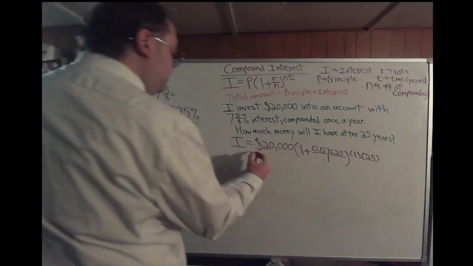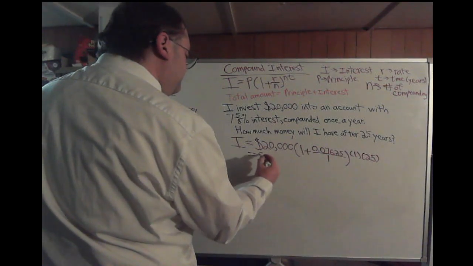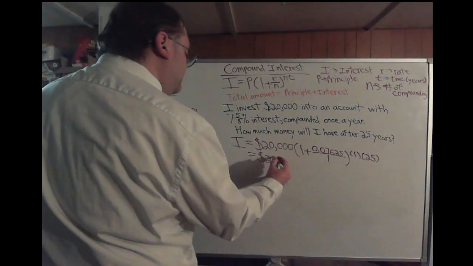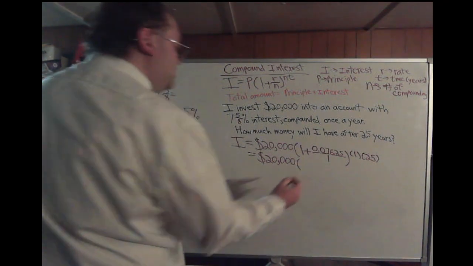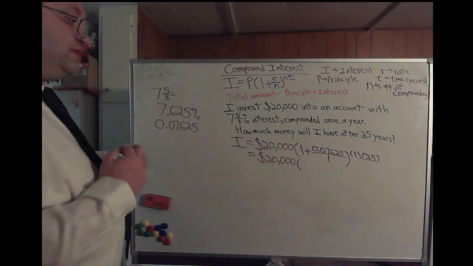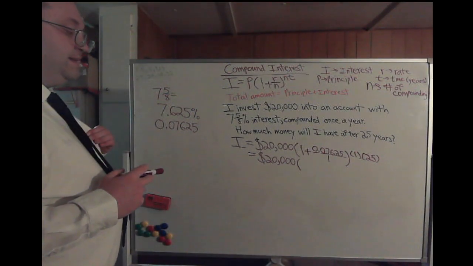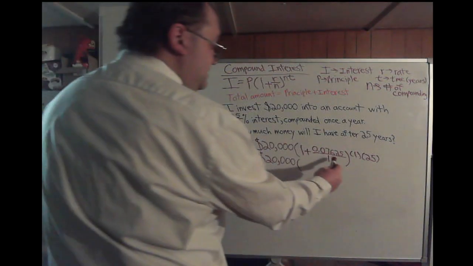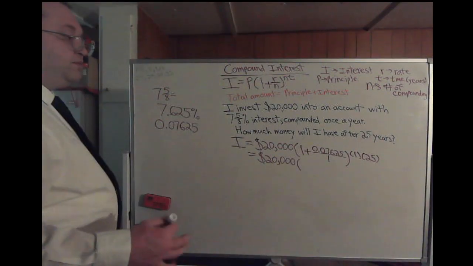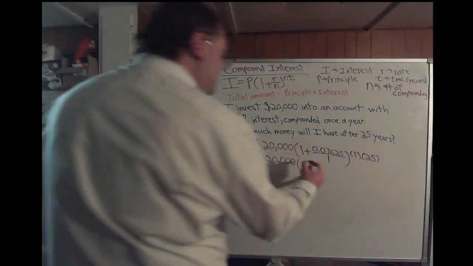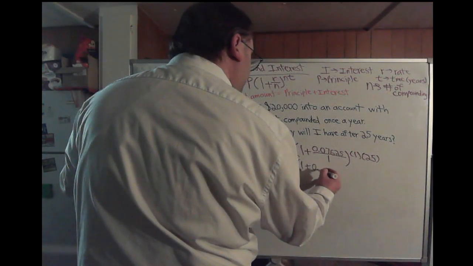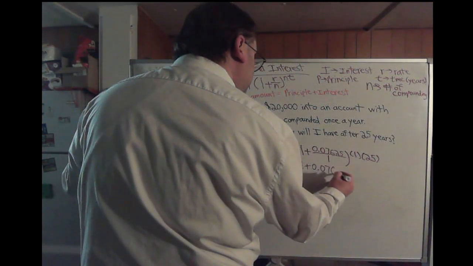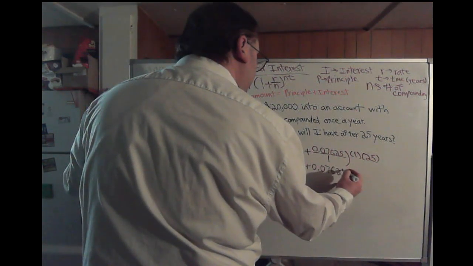Okay, so now let's go through and simplify this. You still have your $20,000 principal. Well, inside the parentheses, let's work in there. That's 0.07625 divided by 1, that's still 0.07625, plus 1.